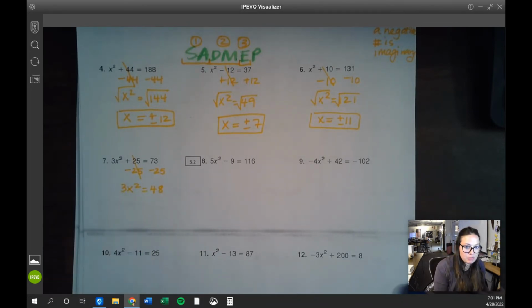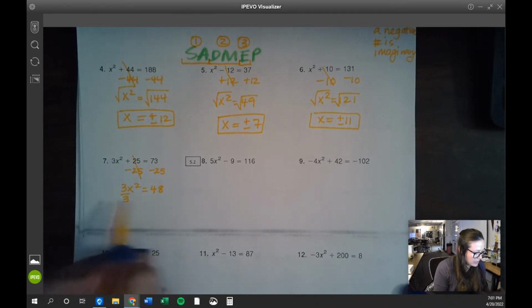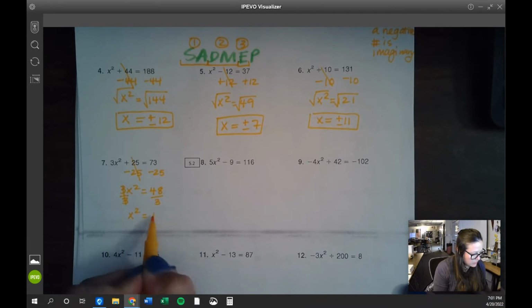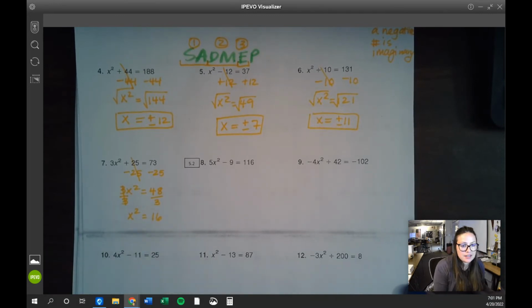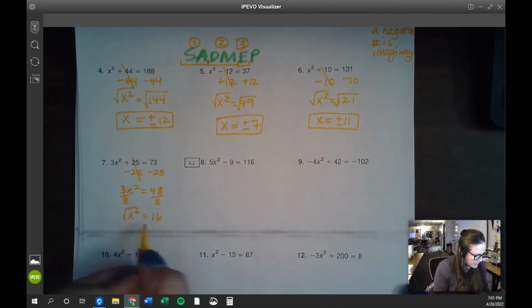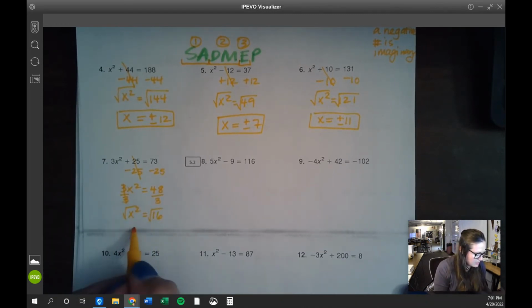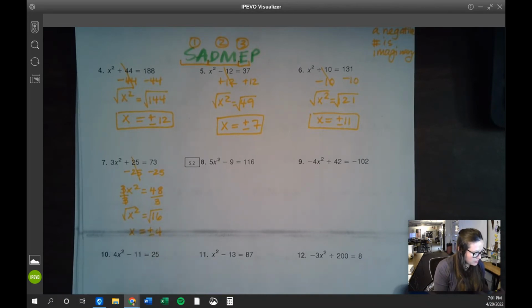Now I need to undo the multiplication. So I'm going to divide both sides by 3, which gives me x squared equals 16. And now I can undo the exponent. Take the square root of both sides, and we get x equals plus or minus 4.